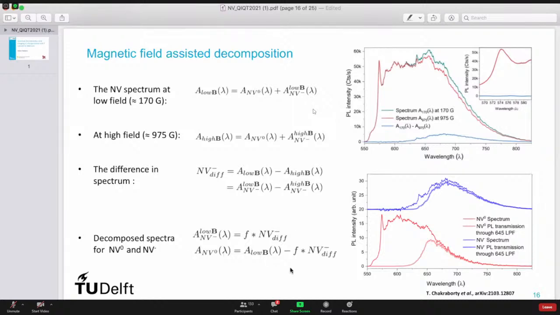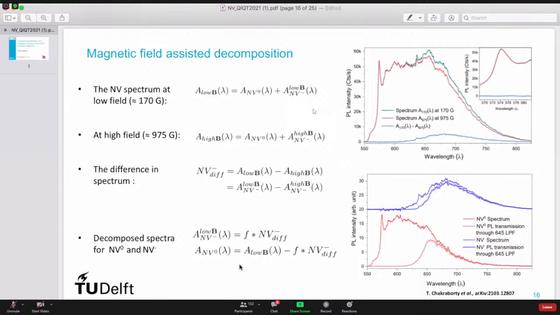To do this, we performed this analysis for many different values of F, and we found the most optimized value of F to be 6.2. Now, when we reduce the value below 6.2 or increase it, we see either a peak or dip in the NV0 spectrum at 637 nanometer, which should not happen.